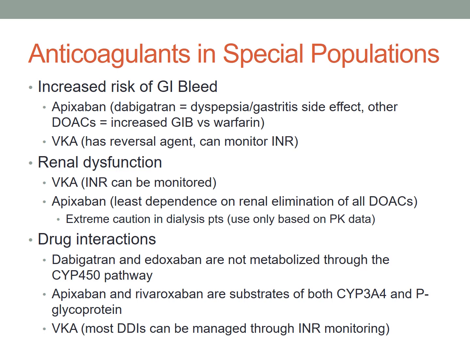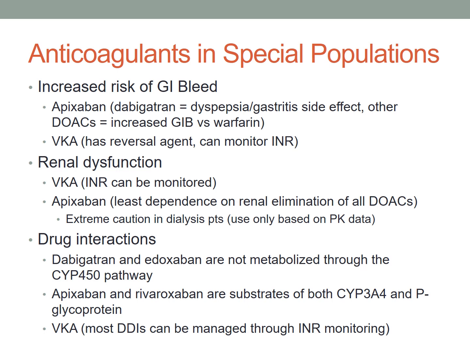So there might be some situations where you might want to use a certain anticoagulant over another based on the patient characteristics or clinical situation. So I'll go through some of those scenarios just to give some guidance on what might be the best choice. So in patients that have an increased risk of GI bleed, apixaban might be a best choice here.